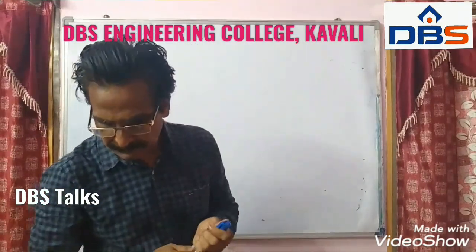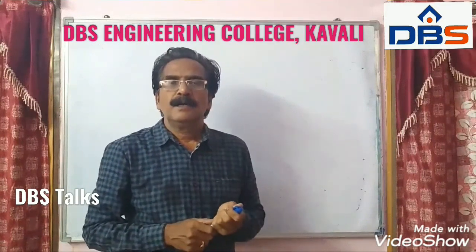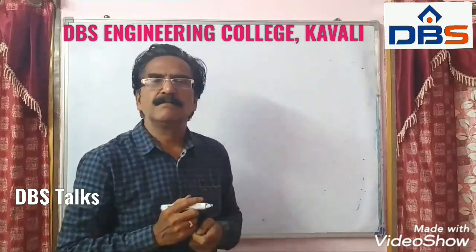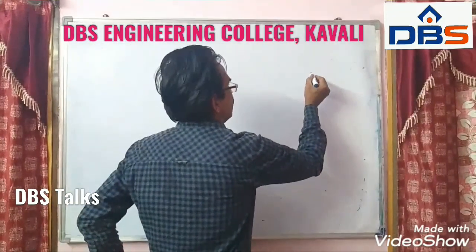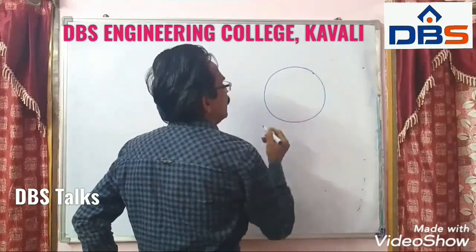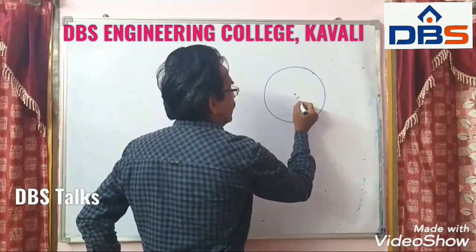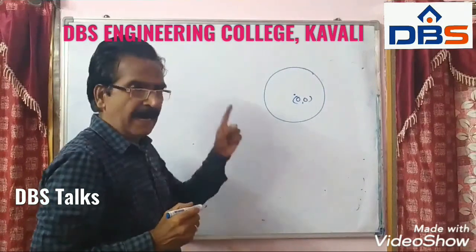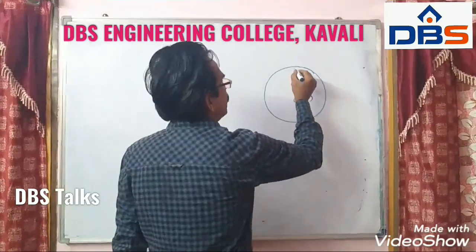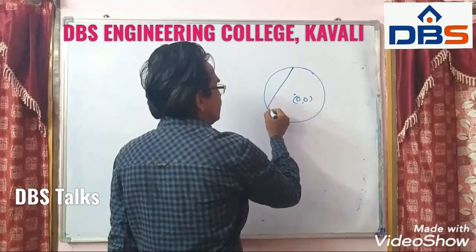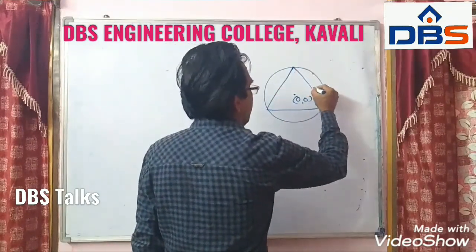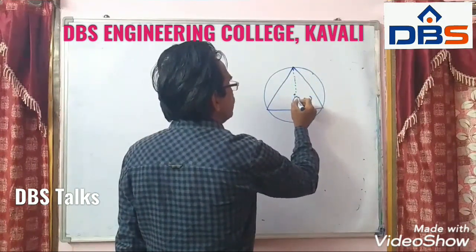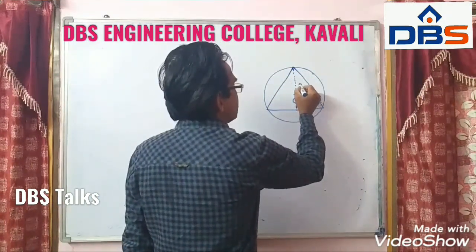Friends, let us do one problem. What is the equation of a circle whose center is the origin, and passing through the three vertices of an equilateral triangle, and whose length of the median is 9 units?